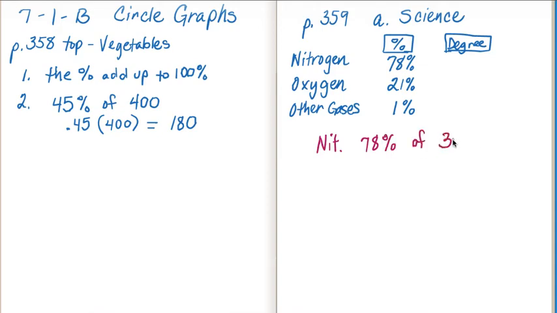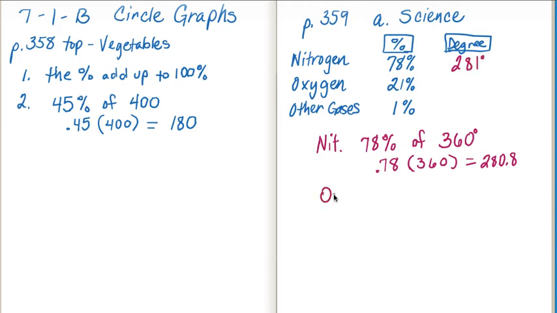Well, the circle is 360. So it's 78% of 360. So we change it to a decimal, 0.78, multiply that by 360. And if you multiply that out, you'll get 280.8. And you can just round that to the nearest degree, so we would round that to 281 degrees.